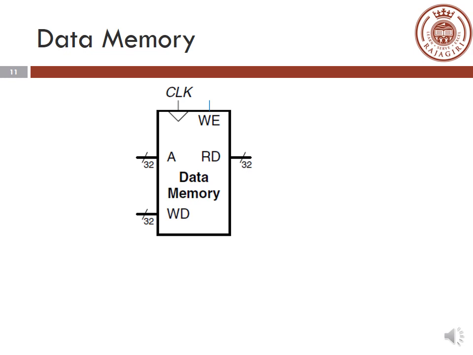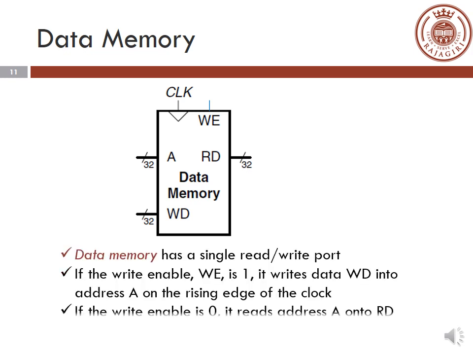Similar to your register file writing operation, it requires synchronization with respect to your clock and a write enable signal. When all these are given, the data in your WD port will be written into the address which you have specified in your A port. That's the basic working of your data memory.